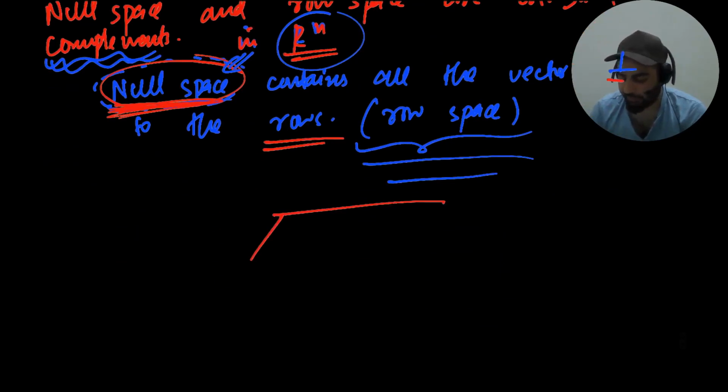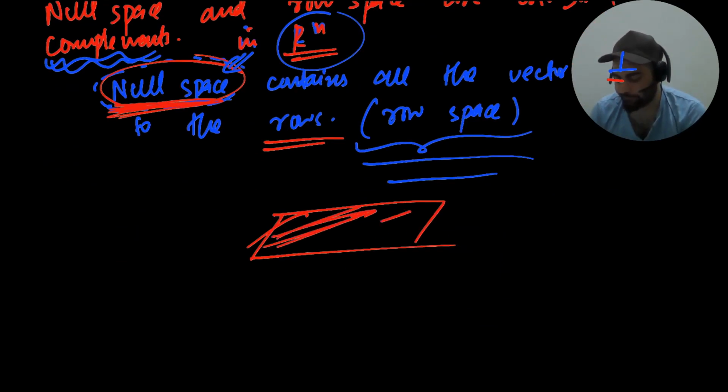So it is like this. Let's suppose a column space is a plane, and then this null space may be a line of vectors. Any vector you take in this plane will be perpendicular to this blue line. Let's suppose this is our column space, a whole plane, and this is our null space, a line of vectors. So you see that any vector you take in here will be perpendicular to this.